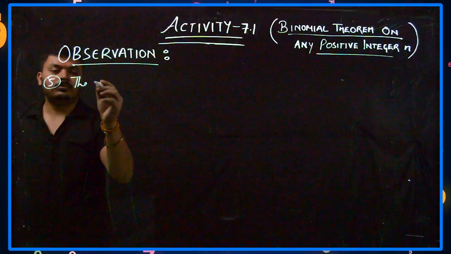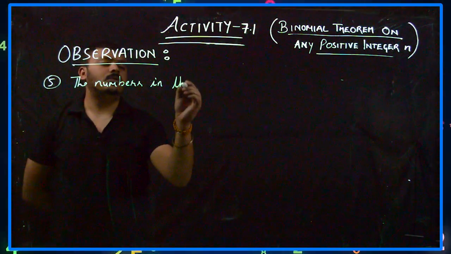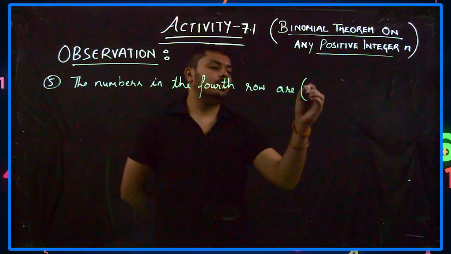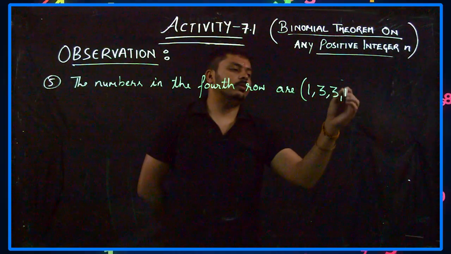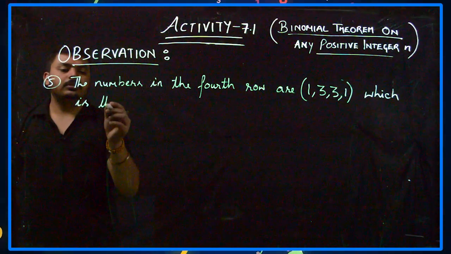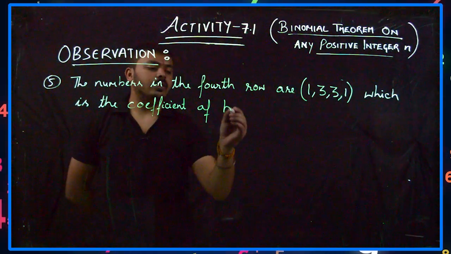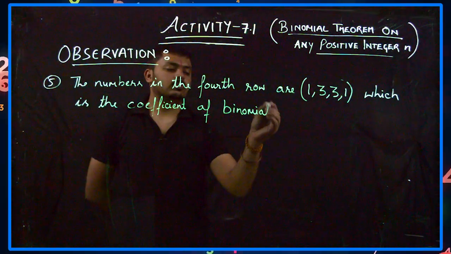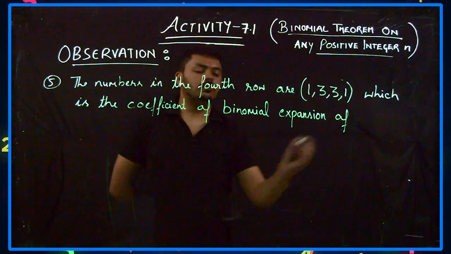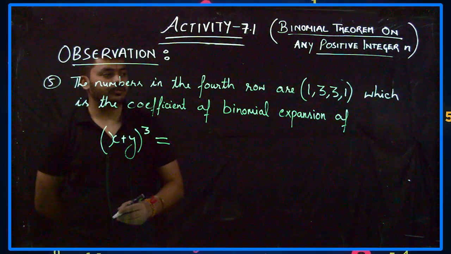The numbers in the fourth row are 1, 3, 3, 1, which are the coefficients of the binomial expansion of (x plus y) whole cube, equals 1.